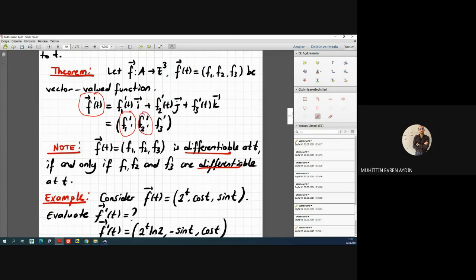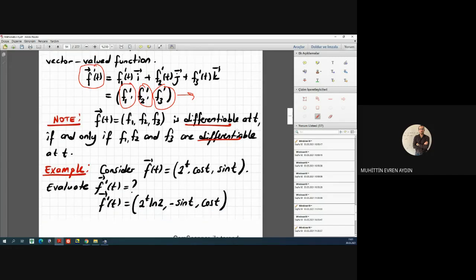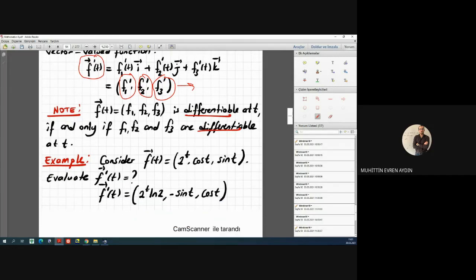Of course, this is also another vector valued function. A vector valued function is differentiable if and only if the components are differentiable at the same point.